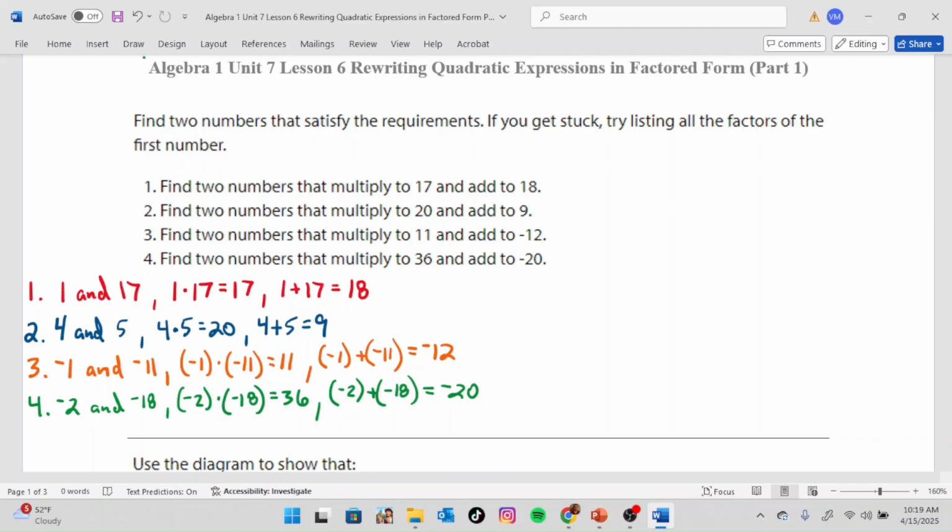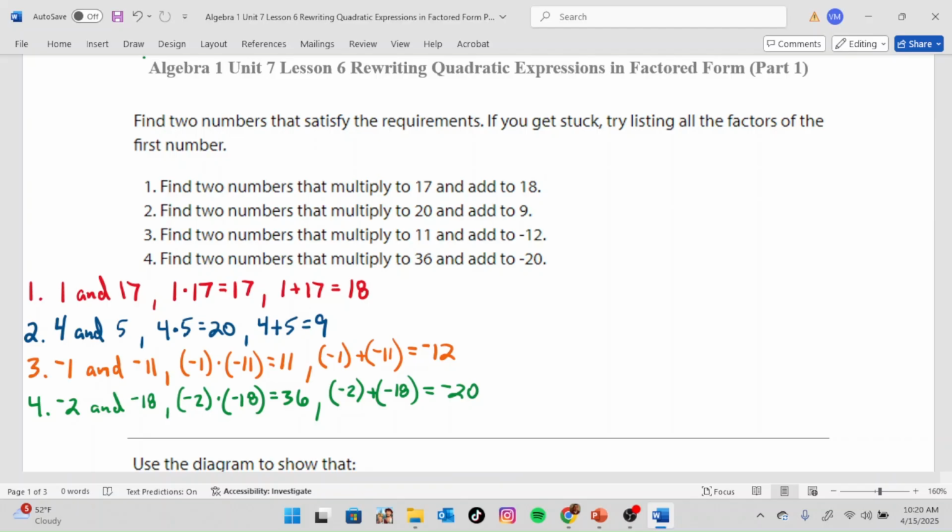They're really just getting you used to this idea of thinking about numbers that are going to multiply together to get you one thing, but they're going to add together to get you something else. And they're trying to get you used to this idea of not only do positive numbers multiply together to get you a positive answer, but negative numbers being multiplied together also get you a positive answer.